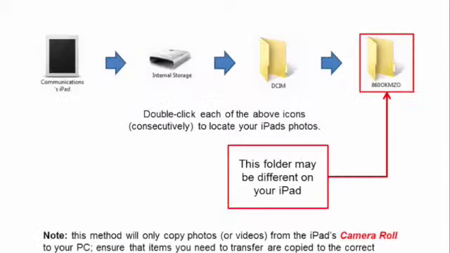Now, what I've done there is a rather graphical way of showing the sequence of icons that you click on and open, which will take you on your iPad to the folder where you should see all of your photos. If I click here for a second, this is our iPad.